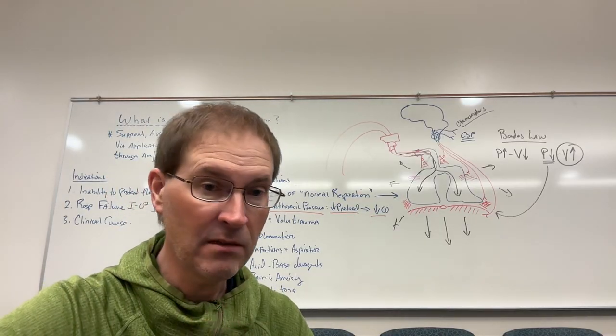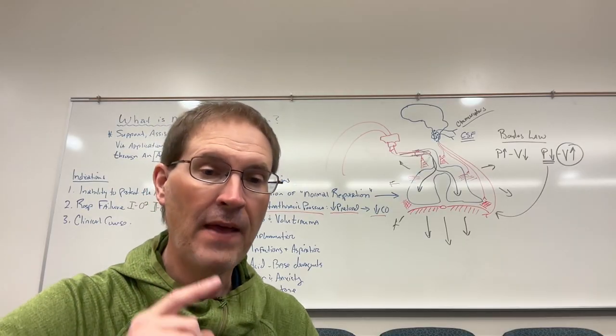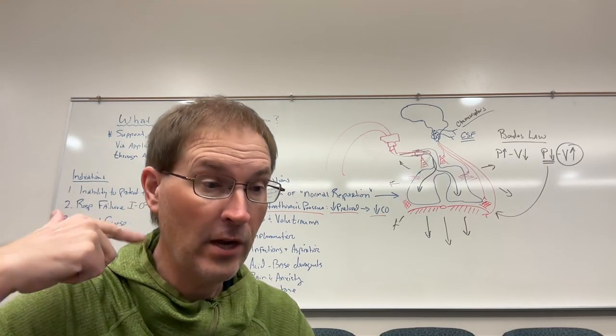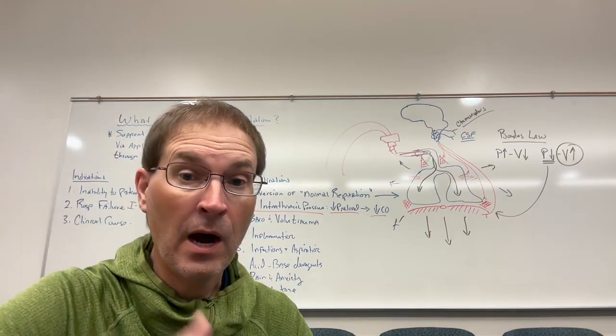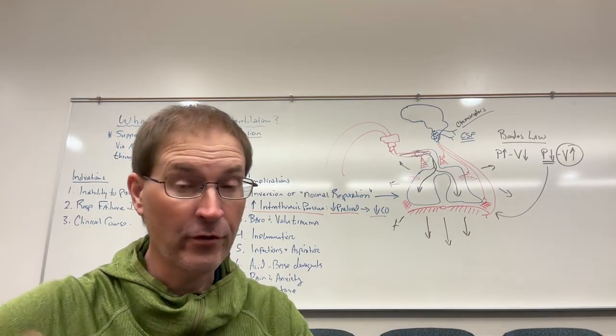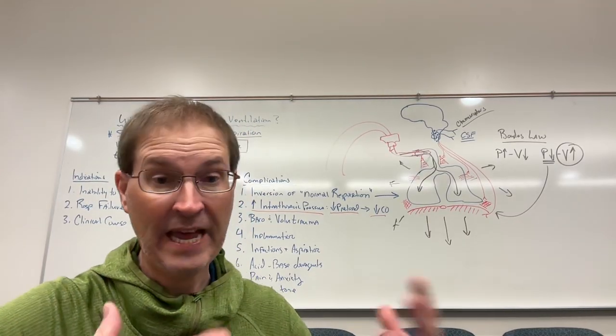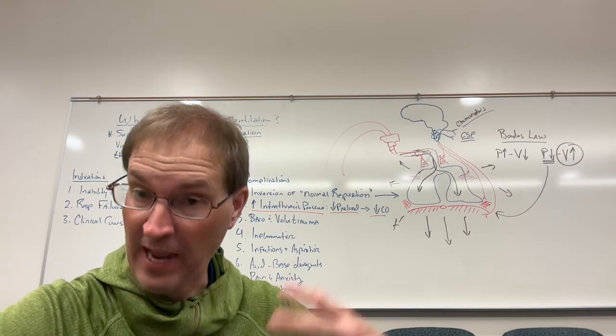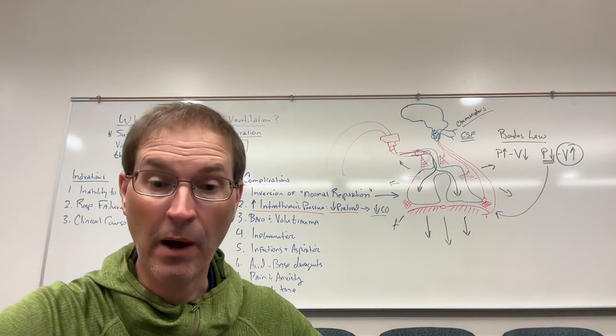We need to take that into consideration, and that needs to be at the forefront of our minds as we get further into talking about managing somebody on a ventilator, be it the Hamilton T1 or some other ventilator.